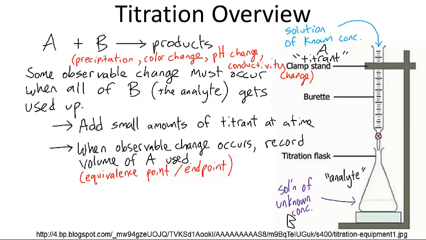So the key is, now that I know how much A I used, I'm going to use my balanced chemical equation, and I'm going to use stoichiometry to figure out how many moles of B were in my original sample. And once I know how many moles of B, if I know the volume of B, I can figure out the concentration of B.